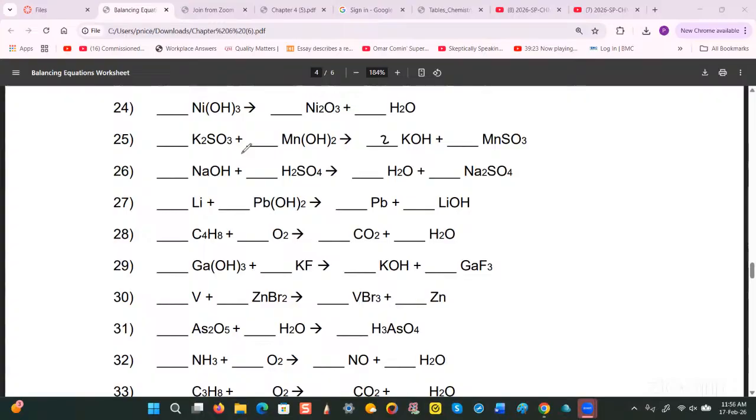So it's Na, and then parentheses CO3, and then 2. I think it's Na(CO3). Yeah, this carbonate is CO3.